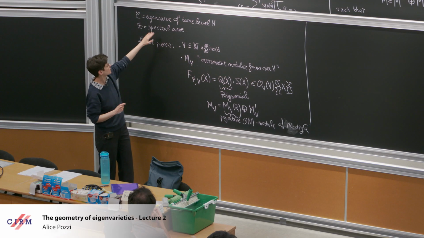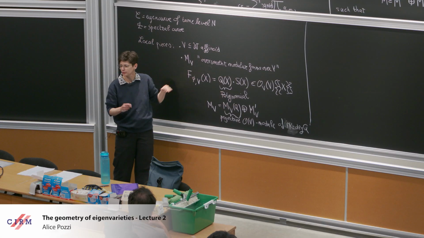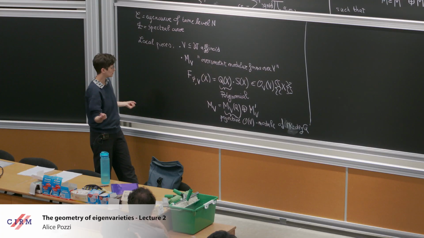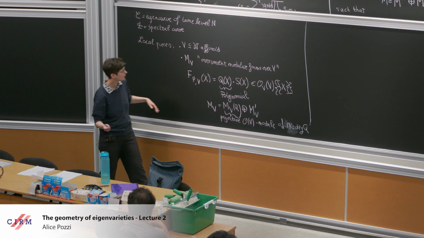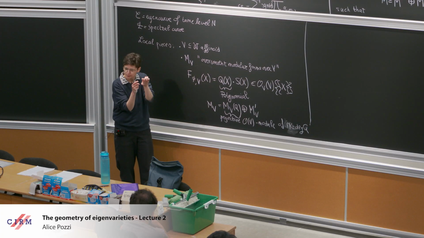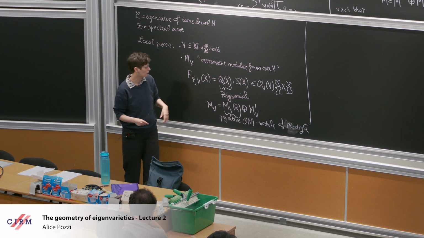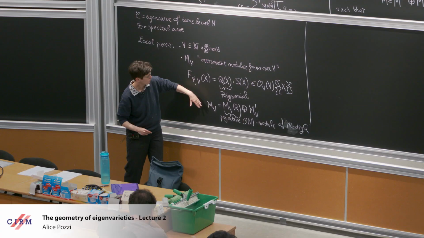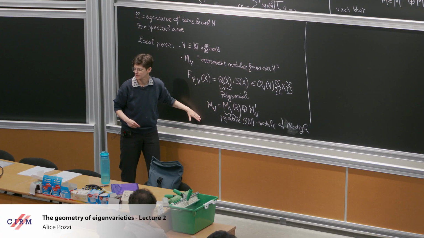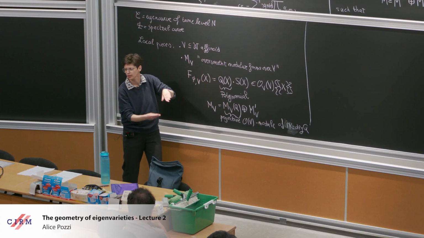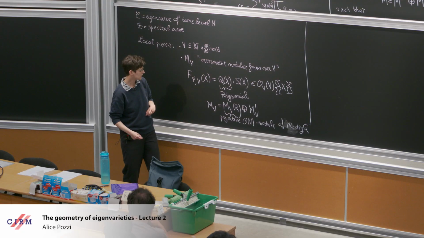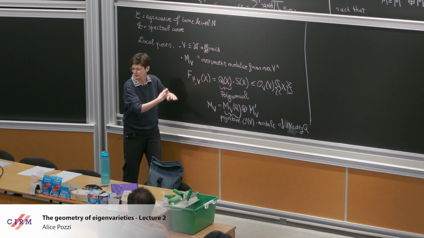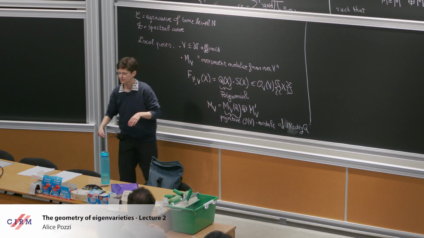One first constructs the spectral curve, which is going to be given by this sort of Fredholm series that will be well defined everywhere. And then locally on the spectral curve, in a little neighborhood of a point, you can find a decomposition like this by looking at the image of that neighborhood on the weight space, but you can't hope to just factor the whole thing over the weight space.